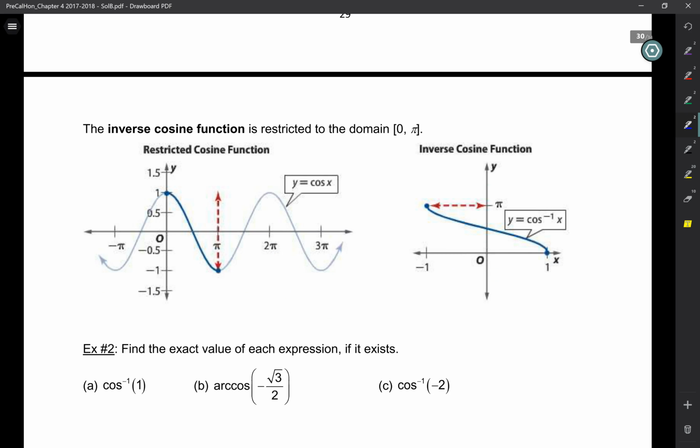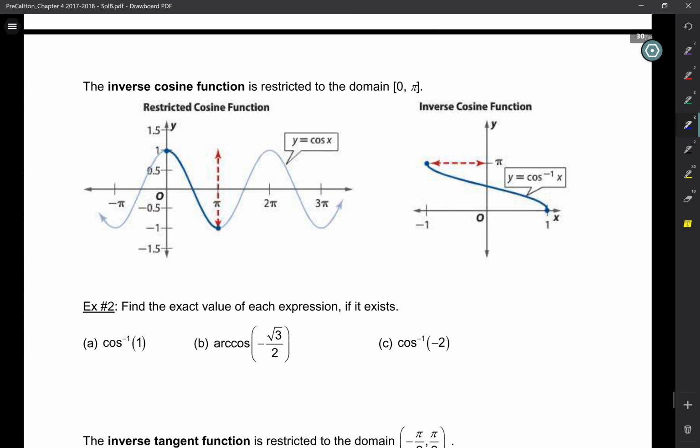Cosine then, right? The cosine is going to be restricted as well. But for the cosine, we go from 0 to pi. The inverse cosine function has a restricted domain over 0 and pi.